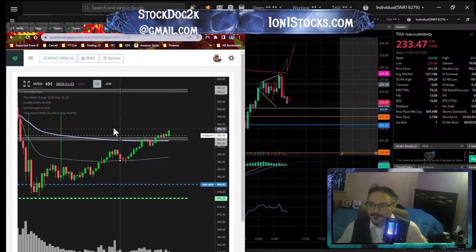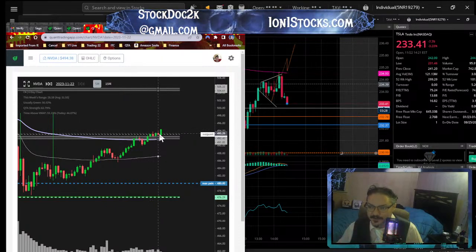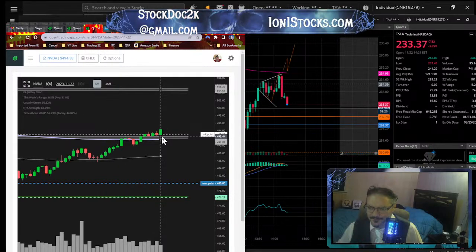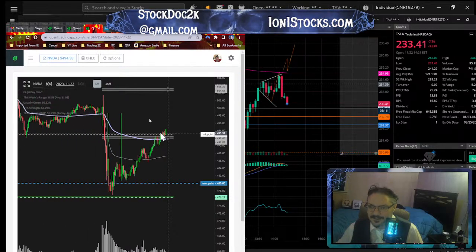These have come together to form a super resistance. Once it breaks, comes back, it's holding it. I would like to have seen it retest this level harder, but it looks like it's going to go higher. There's no other interference coming here, but that's where we pull up the other way.